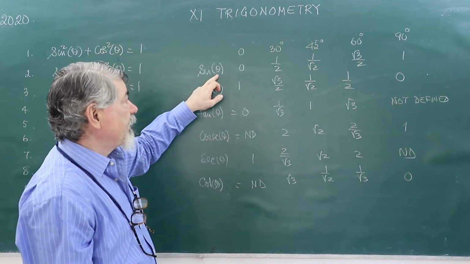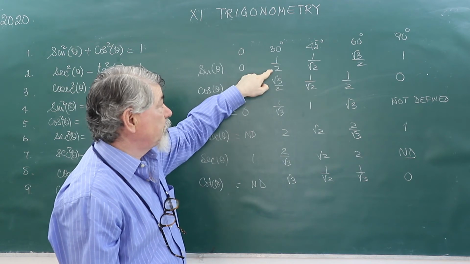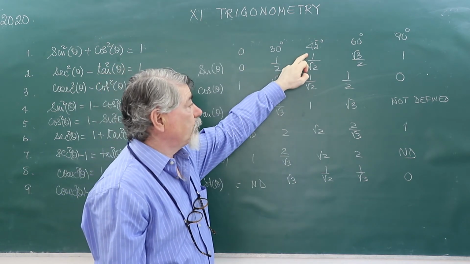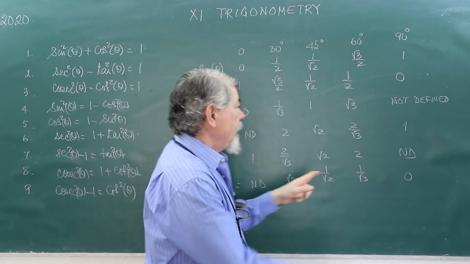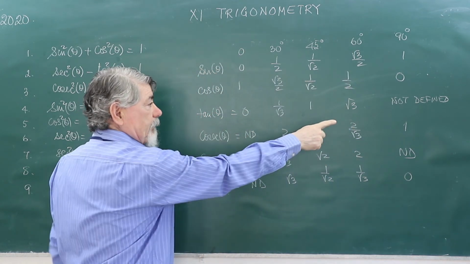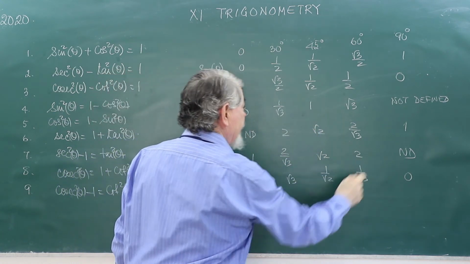Cosec is the opposite of sine. 1 upon 0 is again not defined. The reciprocal of this is 2, the reciprocal of this is root 2, the reciprocal of this is 2 upon root 3, 1. Then we interchange again, starting from that side: 1, 2 by root 3, root 2, 2 and not defined.